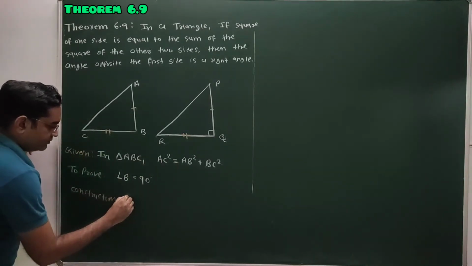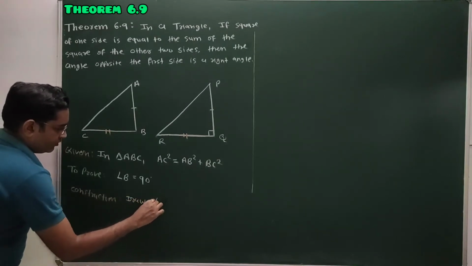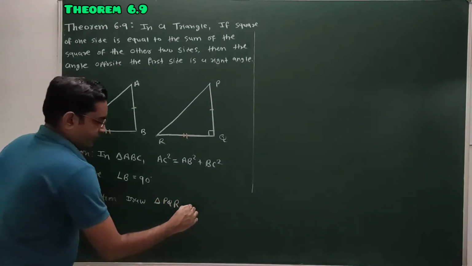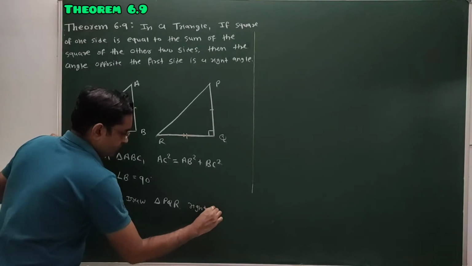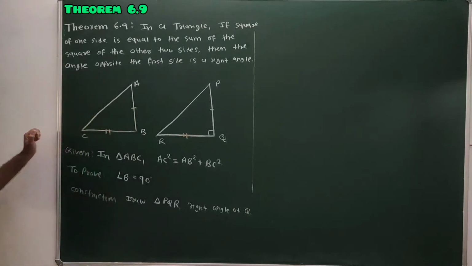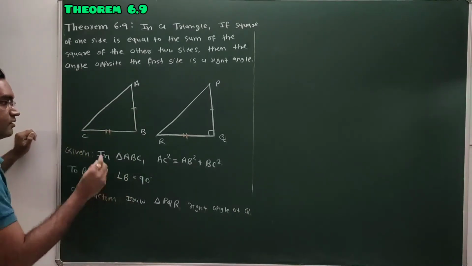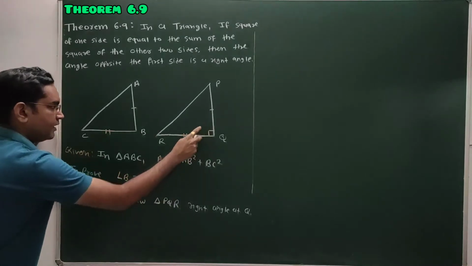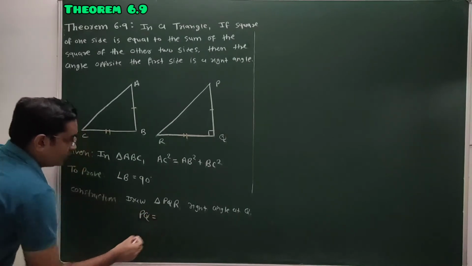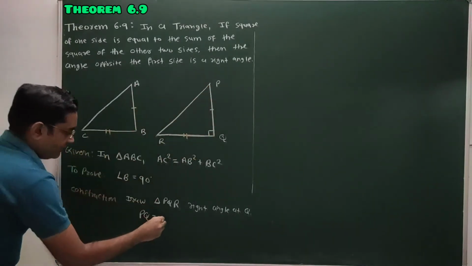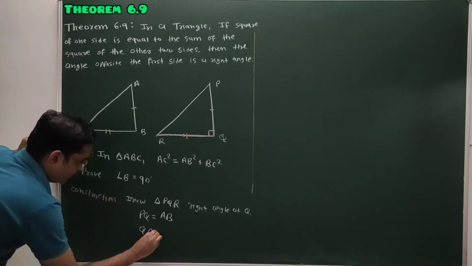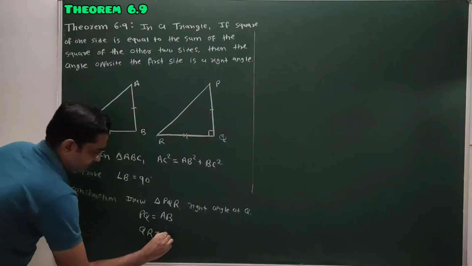So draw a triangle PQR, right angle at Q. So the measure of angle Q is 90 degrees, and side PQ is equal to AB, and side QR is equal to side BC.